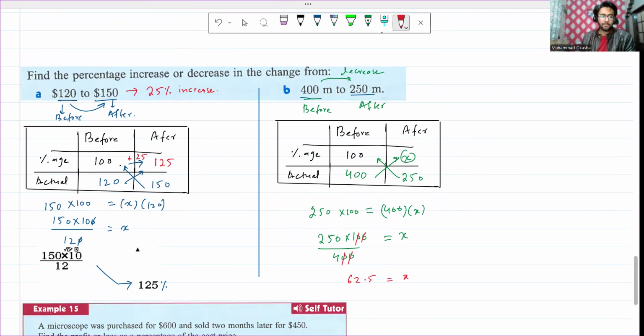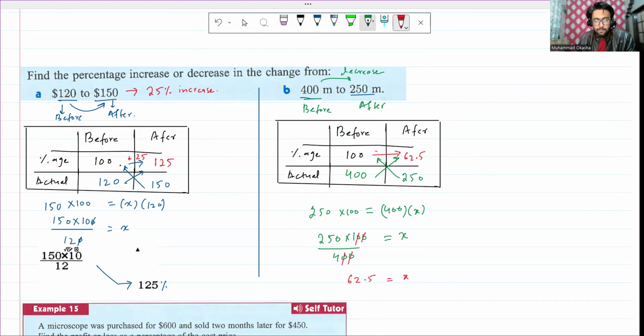Now 62.5 is not your answer. Instead of x, you will place 62.5. Now work out the change. You went from 100 to 62.5. What is the change? So I'll do 100 minus 62.5 and I'm going to get 37.5.